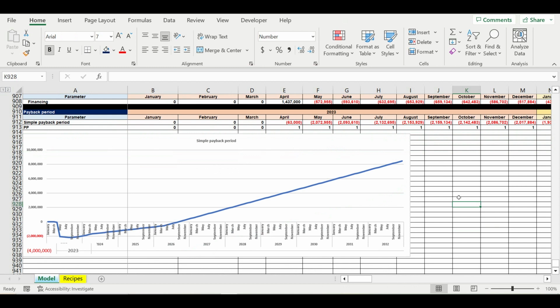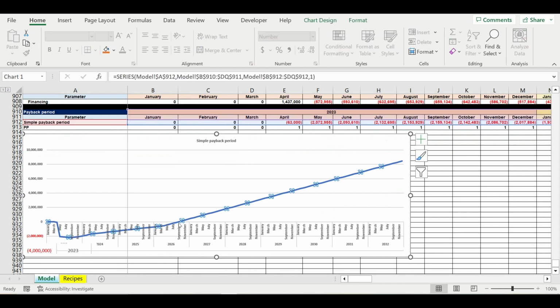If we look attentively at this diagram, the moment of payback occurs when this diagram crosses the timeline axis. So this is the OX time axis, and the moment when this diagram crosses this axis means that at this time the amount of cash generated by the business equals the amount of financing that we put inside this project.